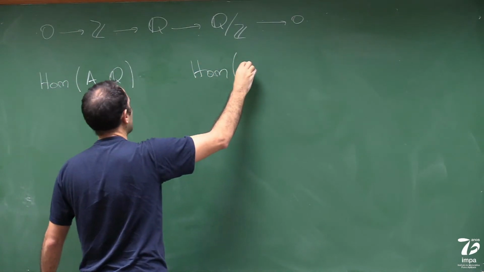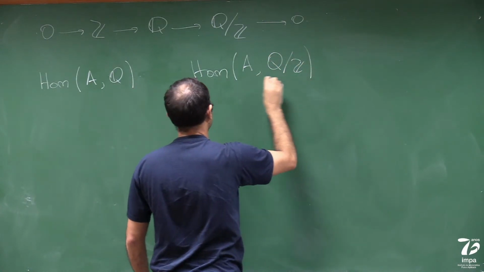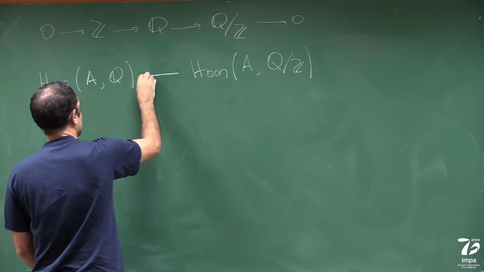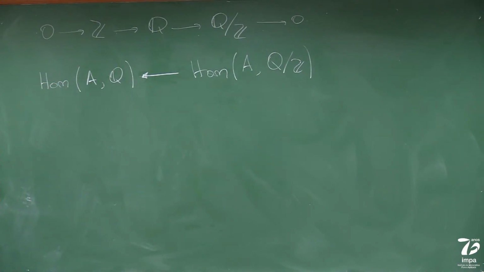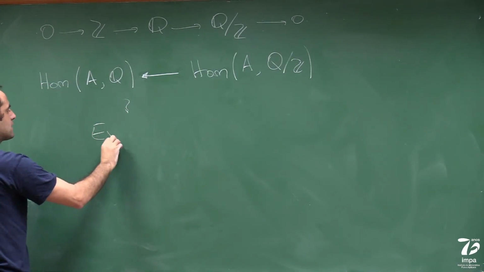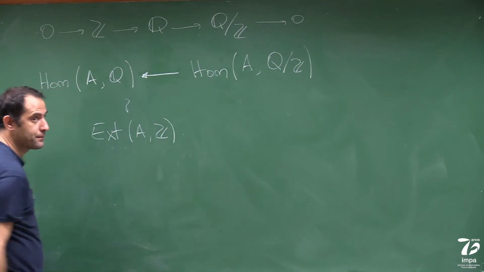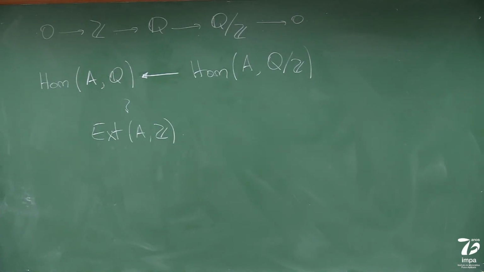This is for an arbitrary abelian group. And the homology of that complex is going to give us the Ext groups of A, Z. So this complex here computes the Ext groups of A with coefficients in Z. I just took an injective resolution of Z. So now what happens if A is torsion?